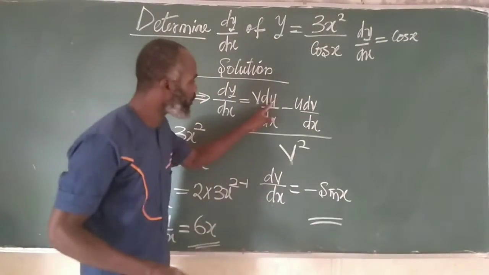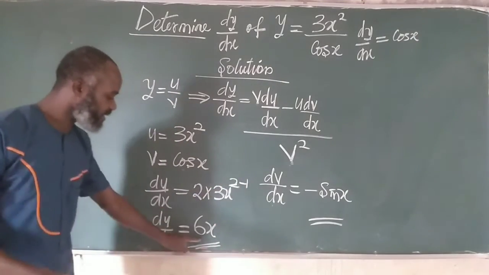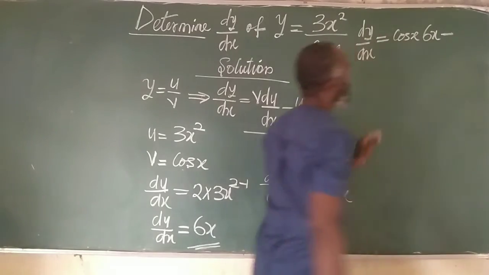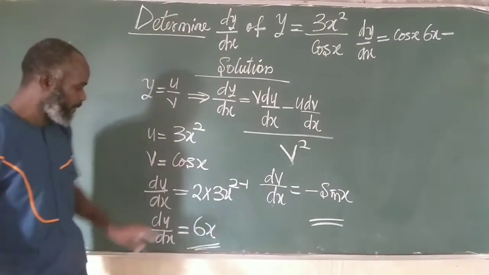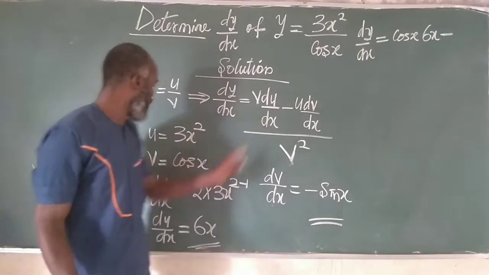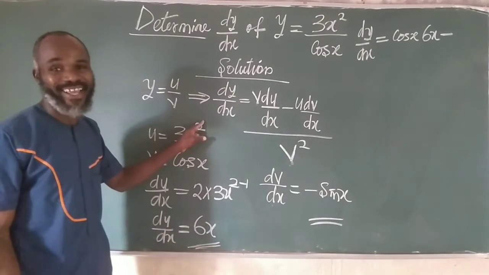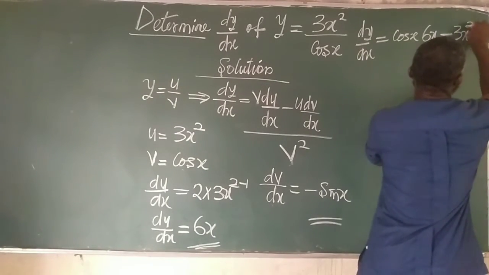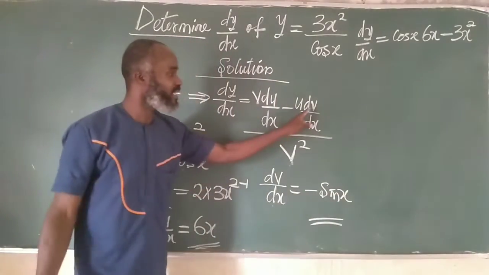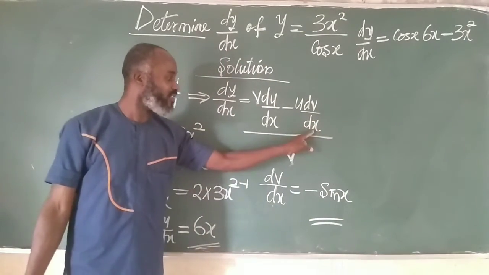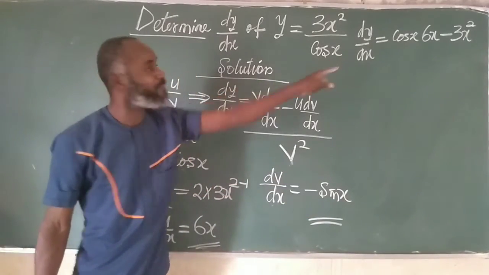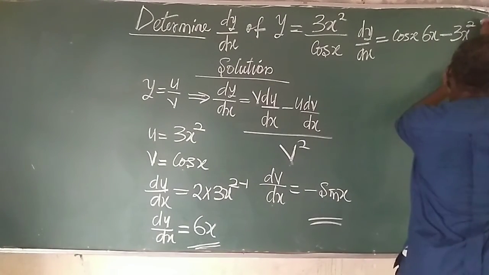Now what about our du/dx? du/dx is 6x, so this is 6x, minus our u, which is 3x squared. So what happens next? We look for dv/dx, which is minus sine x. We put it there, and that gives us a bracket, minus sine x, bracket close.